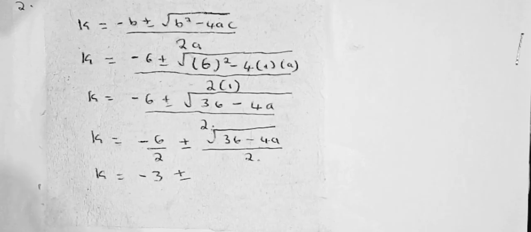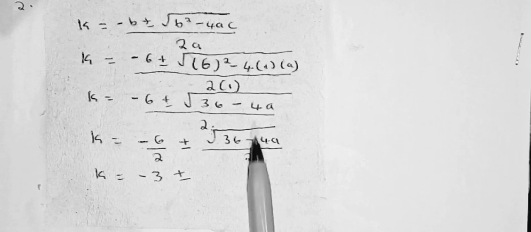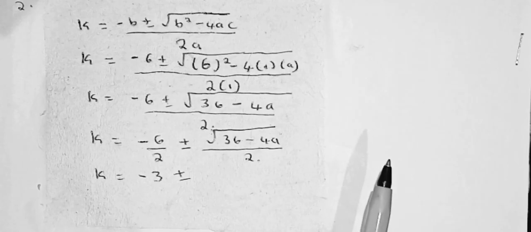What about this one? Plus or minus. We have 36, and the square root of 36 is actually 6. We have a 2 here, we have 4a, we have 36. So if we divide 4 by 2, we get a 2.